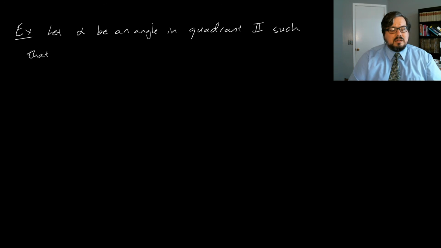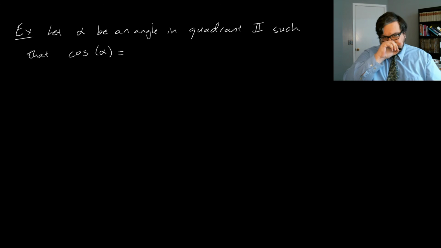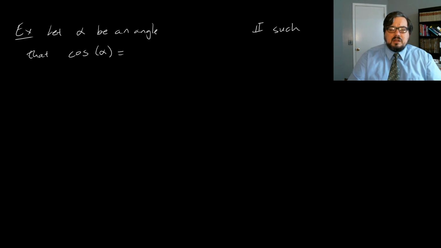So let's let alpha be an angle in quadrant 2 such that cosine of alpha. Oh, sorry, I didn't want to specify. I'm getting ahead of myself as far as the quadrant goes. Let alpha be an angle such that cosine of alpha is negative 3 over 5.